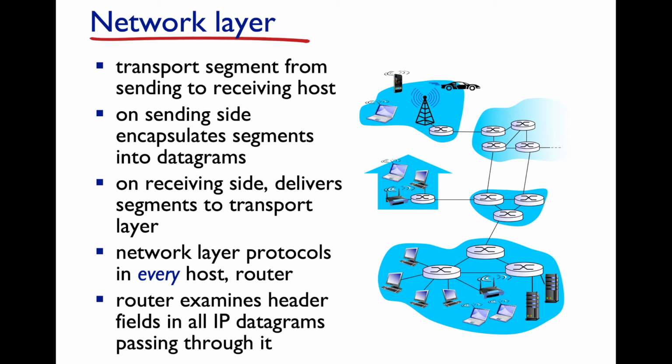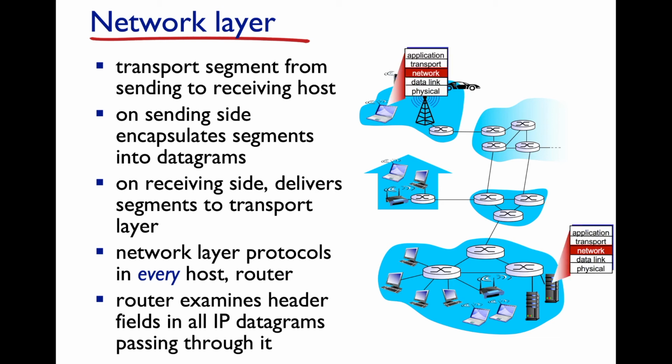And so the network layer protocol exists on every single host, whereas the transport and application layers only exist at the edge, namely the end systems on the network. And so we have these network layers that are on the routers in addition to the host or the end system. Now, the router examines the network layer header fields in all the datagrams that pass through it and makes a determination that we'll talk about in a moment based on that header information.